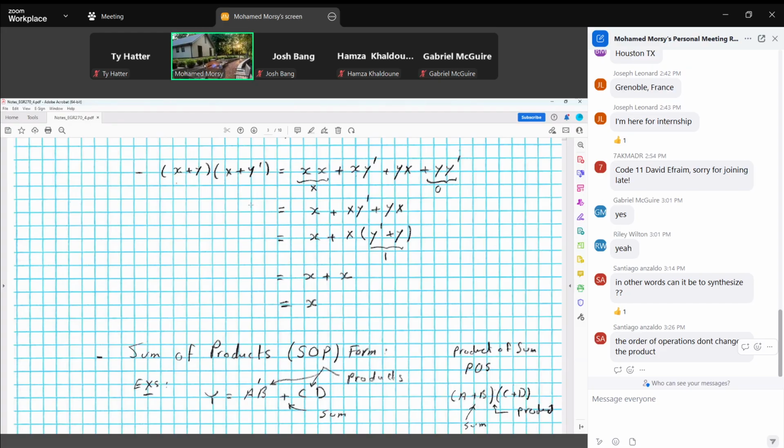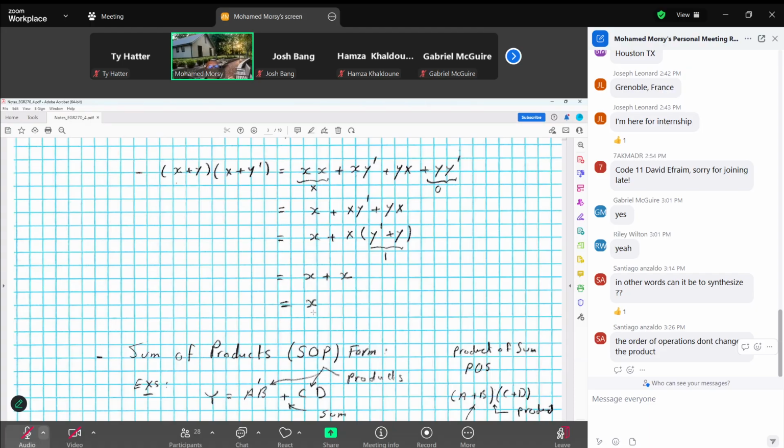We have an inverter, we have an OR gate, then we have an AND gate. But after simplification, what happens? This F is equal to what? Equal to X.